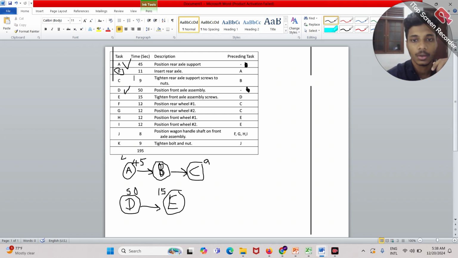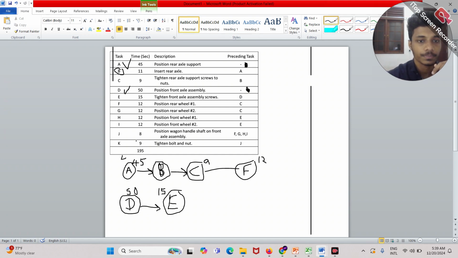So now what I have to do, E we already drew, and now F is one of the C outputs, right? So therefore, F, how many seconds? 12 seconds, right?